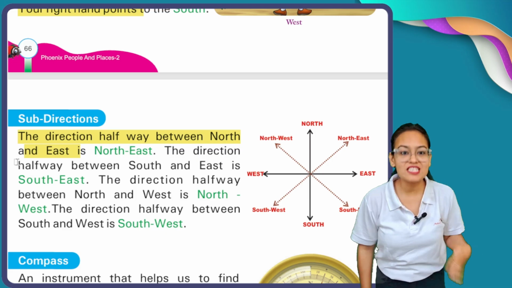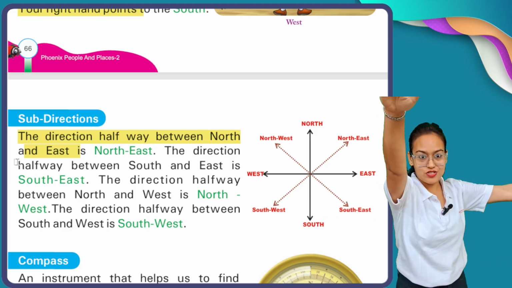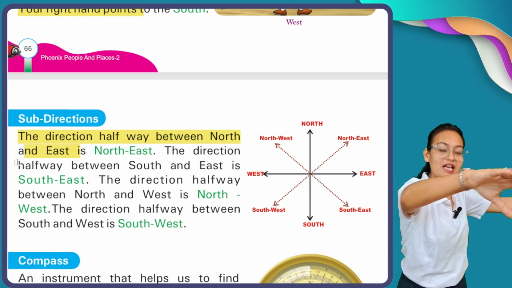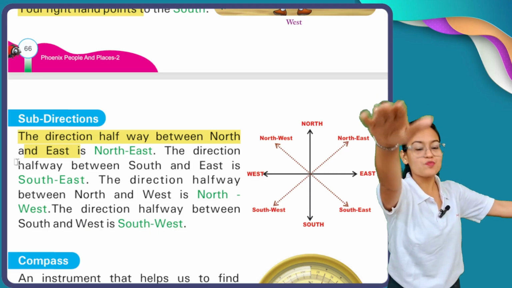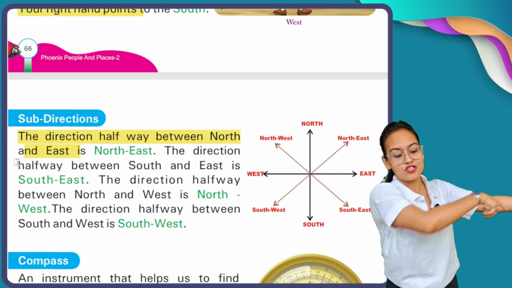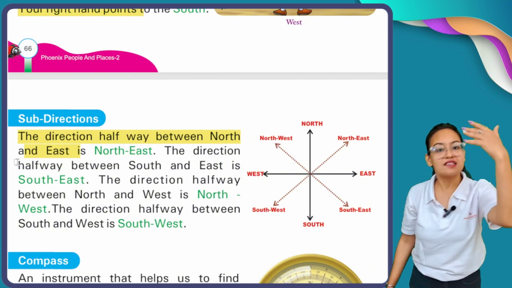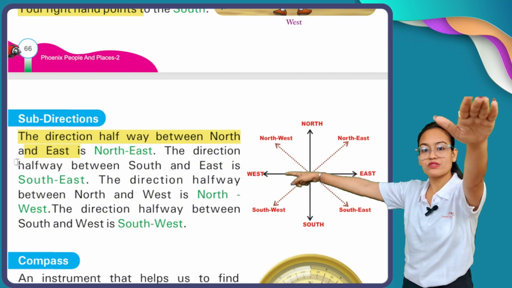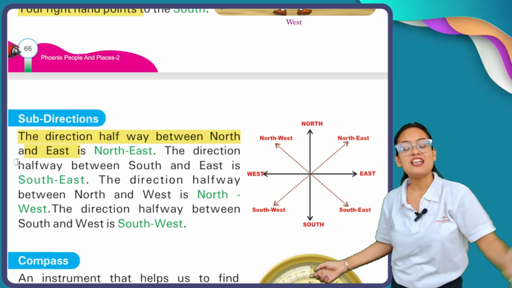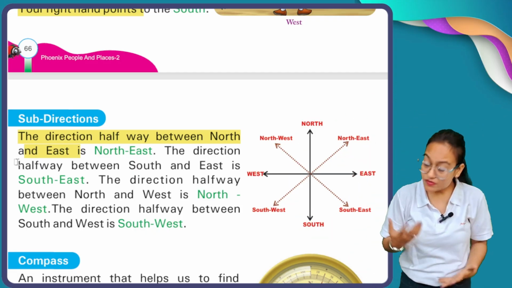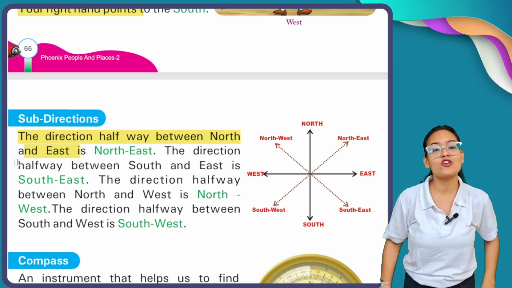The space between east and north direction is called northeast. Similarly, the space between east and south is southeast. Similarly, you can conclude which is your sub direction.